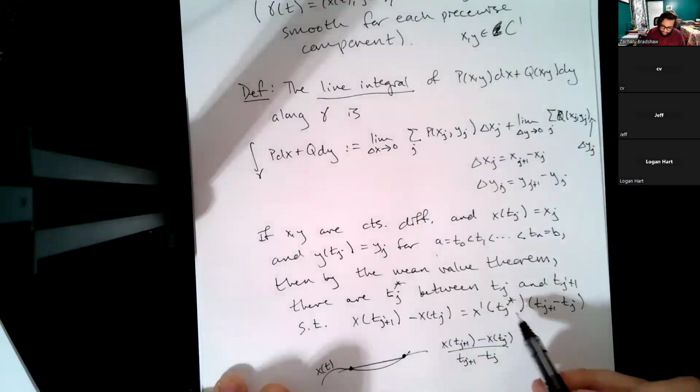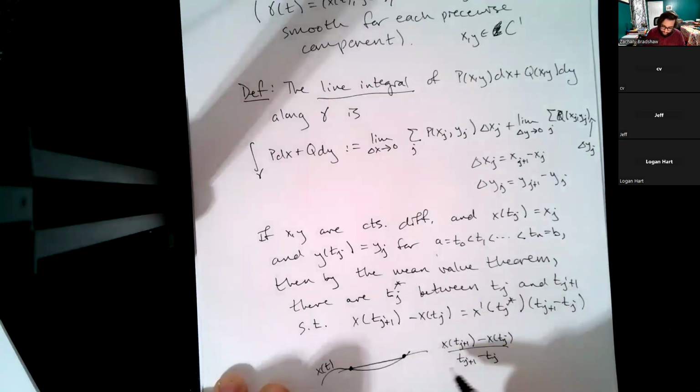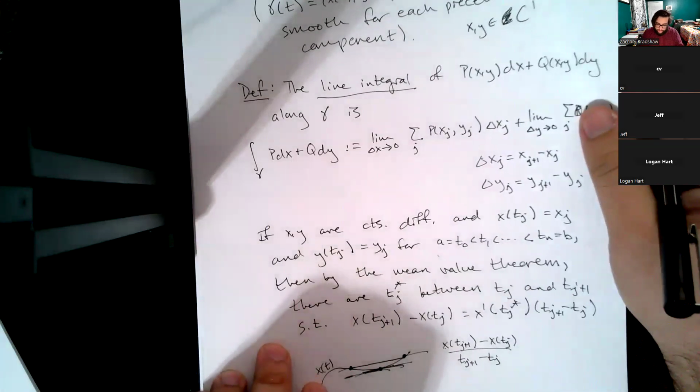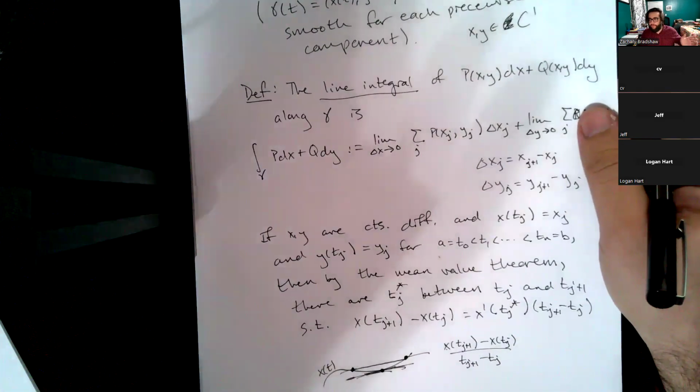And what the mean value theorem tells us is that for every consecutive pair of points in our discretization, there's a point between them such that the derivative at that point is equal to the slope of the secant line. So the tangent line at that point has a slope equivalent to the slope of the secant line. Okay, but the same thing holds for y.